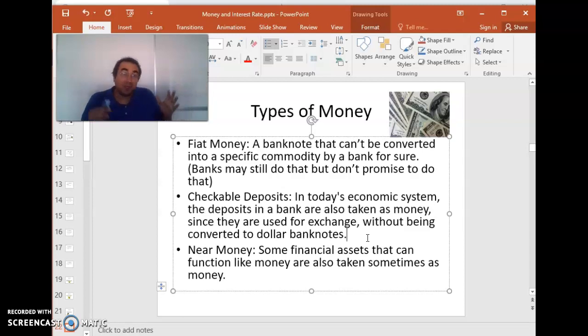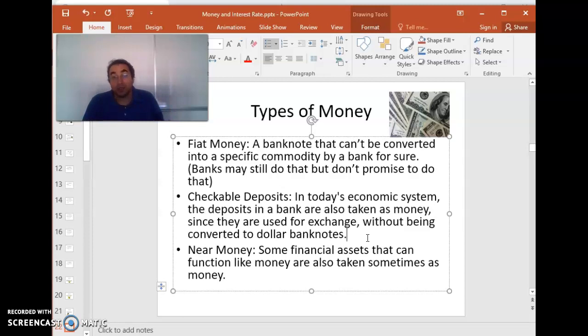So basically, checkable deposits in the bank are a different form of money compared with fiat money, because the amount of checkable deposits which a bank has, or people in a certain bank have, is larger than the amount of fiat money in that bank.